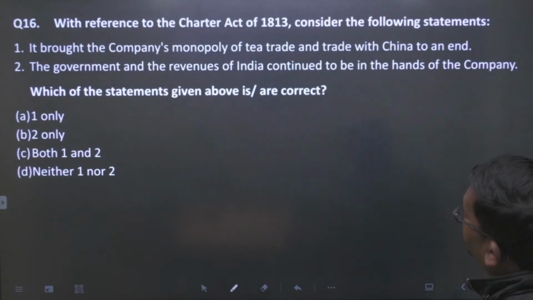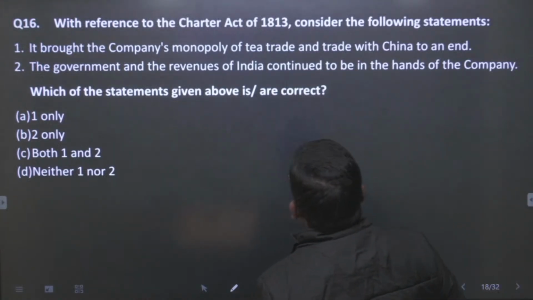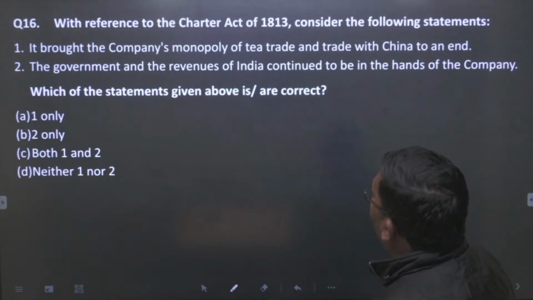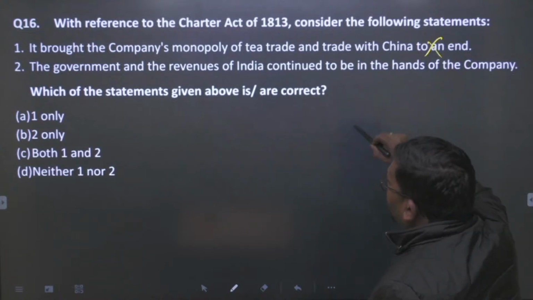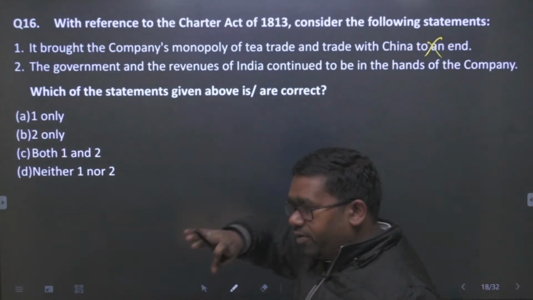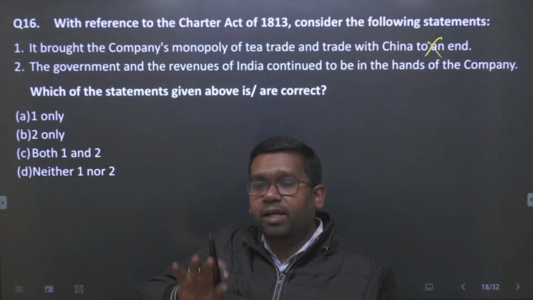With reference to the Charter Act of 1813, consider the following statements. It brought the company's monopoly of trade and the trade with China to an end. This is false. It had broken the monopoly of Indian trade, but the trade with China was kept. It was not broken.